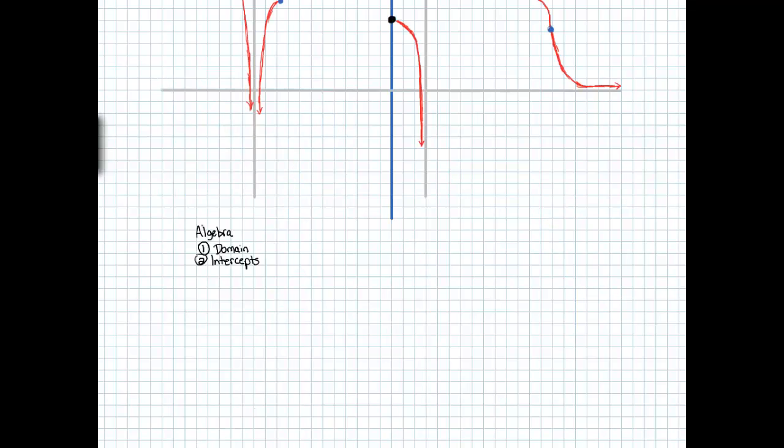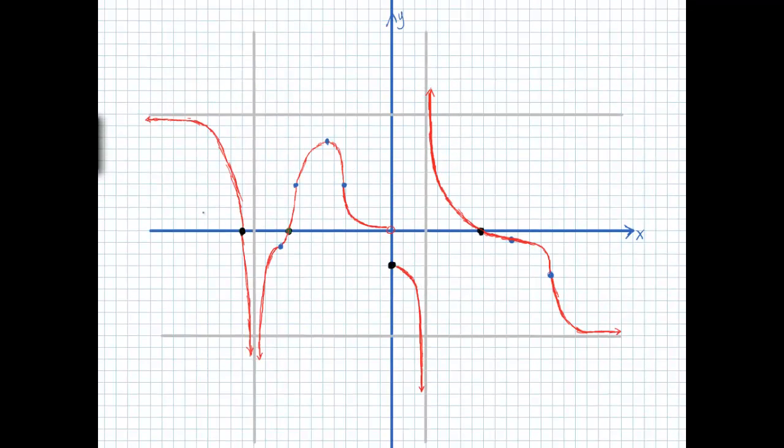And of course, you should know at this point how to find the intercepts of a given function. You just let x equal 0 to find the y-intercept, and you let y equal 0 to find the x-intercepts. Although in calculus, finding the x and y-intercepts, or at least the x-intercepts, can be somewhat challenging. So just as a piece of advice, if it's very difficult to find the x-intercepts, it's usually pretty allowable to skip that part.